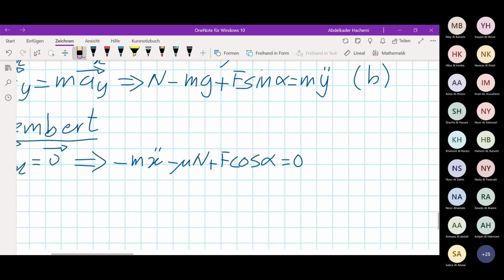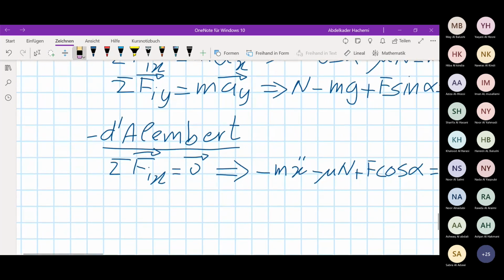Now the same principle here, the sum of the forces along y direction equal to 0.